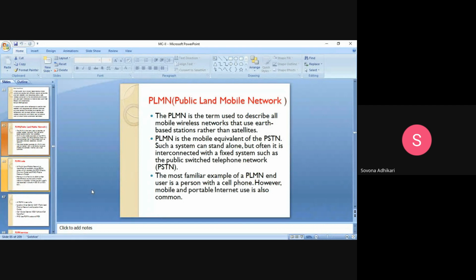Then let us discuss PLMN. You may find a short note on PLMN, Public Land Mobile Network.